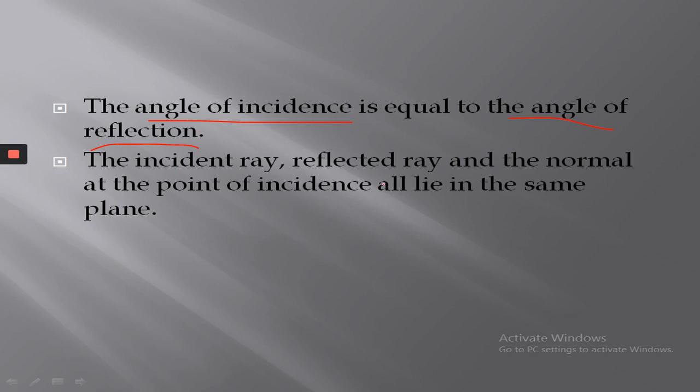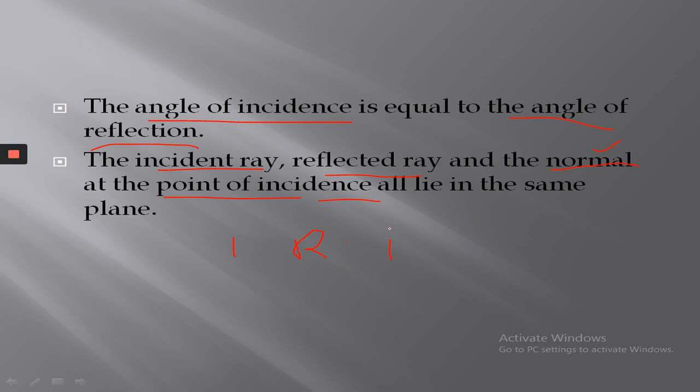The incident ray, reflected ray and the normal at the point of incidence. Incident ray, how many rays are there? Count. Incident ray, reflected ray, and this is the geometrical construction where you have to draw this normal at the point of incidence. All lie in the same plane. So first is the incident ray, then the reflected ray and the normal.